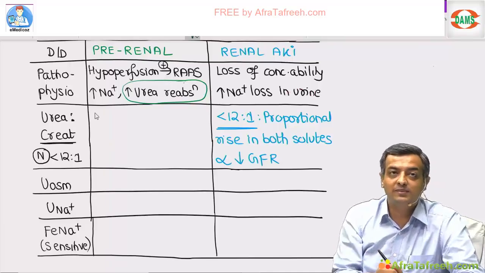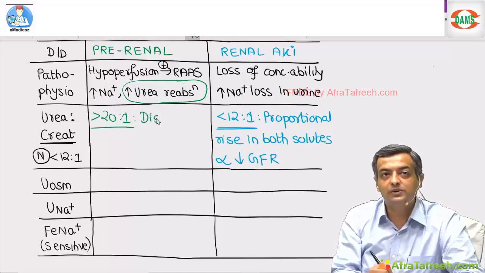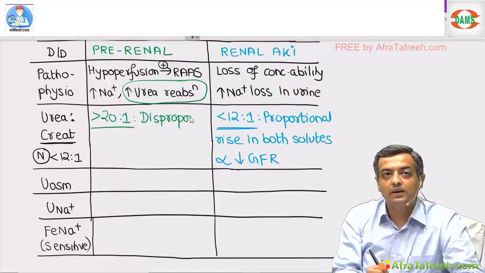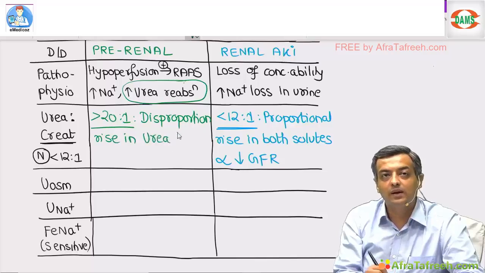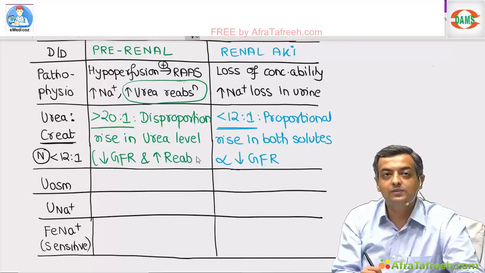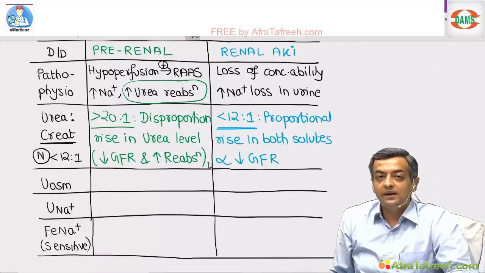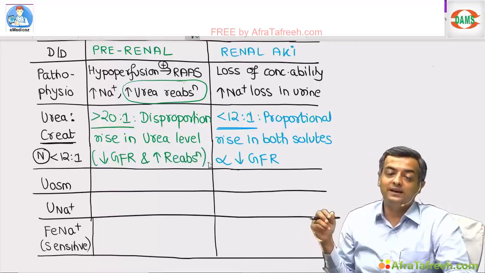Ratio double rate से बढ़ रहा है, more than 20:1, because there is a disproportionate rise in the urea level, due to drop in the GFR and also due to increase in the reabsorption. So urea level rises more than the creatinine.